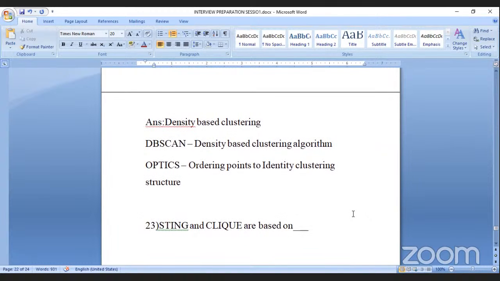So the last one. The next question is question number 23: STING and CLIQUE are based on what? These questions are asked in interviews, of course.